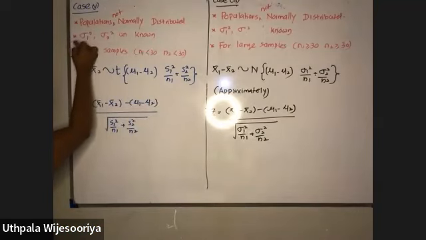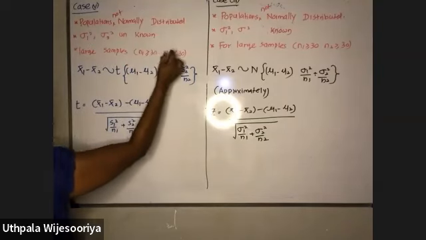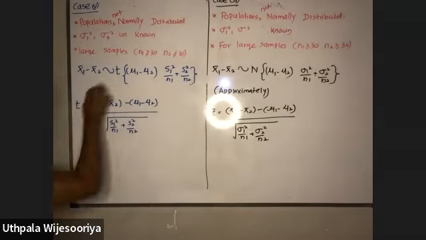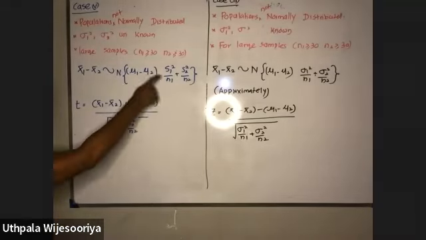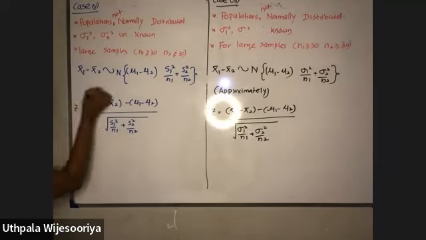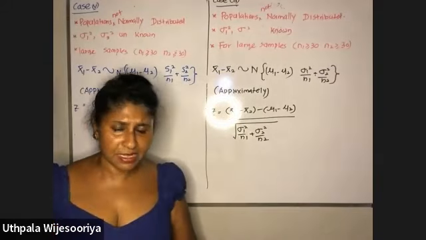For large samples, n1 greater than or equal to 30, n2 greater than or equal to 30, x bar 1 minus x bar 2 is approximately normally distributed with mean mu1 minus mu2 and variance s1 square over n1 plus s2 square over n2. The Z value is again approximately normally distributed. Now these are the 5 cases, an extension of the single mean.